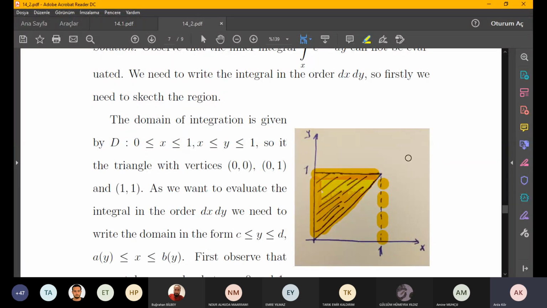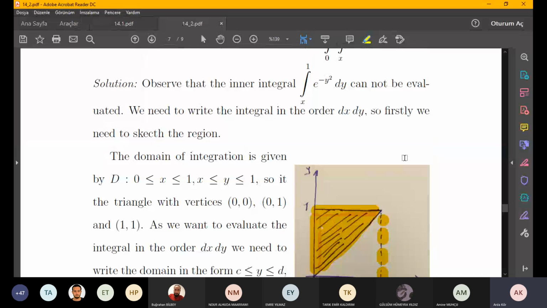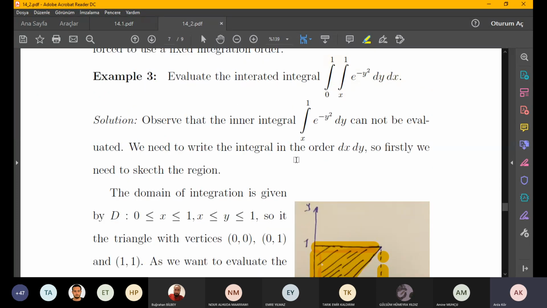And since we cannot compute the integral of e to the minus y squared from y equals x to y equals 1, we need to change the order of integration. So we have to change it to dx dy.